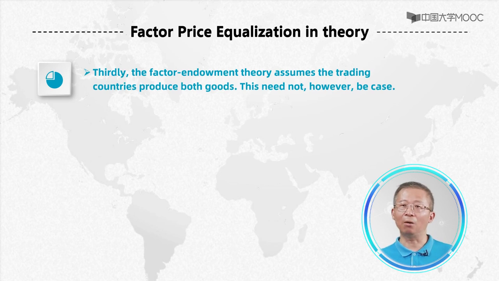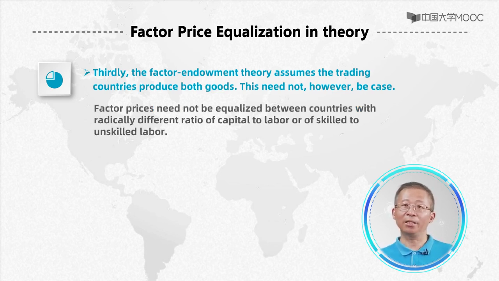This need not, however, be the case. A country with a very high ratio of labor to capital may produce only clothes, while a country with a high ratio of capital to labor might produce only food. So factor prices need not be equalized between countries with radically different ratios of capital to labor or of skilled to unskilled labor.